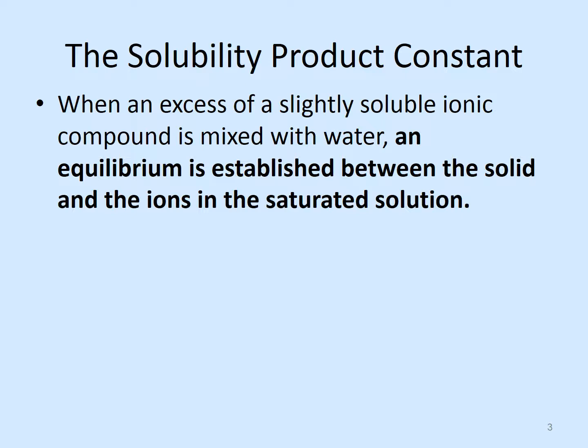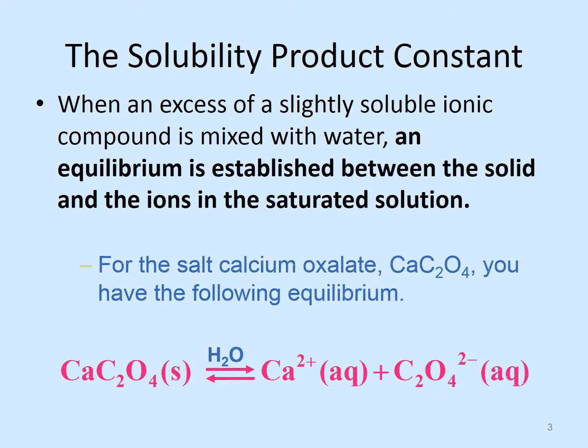And so an equilibrium is set up between the solid and the ions in the saturated solution. So it's a saturated solution because not all of the solid has dissolved. It has dissolved as much as it possibly can, and usually it doesn't look like very much, but there are a few of the compounds that dissolve, and so this equilibrium is set up.